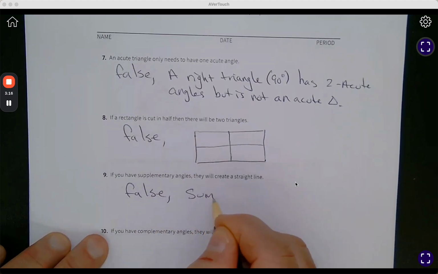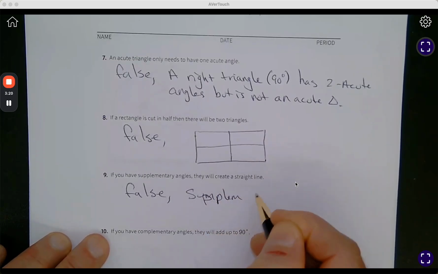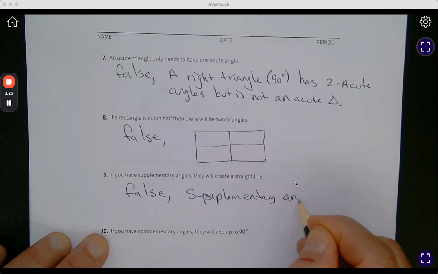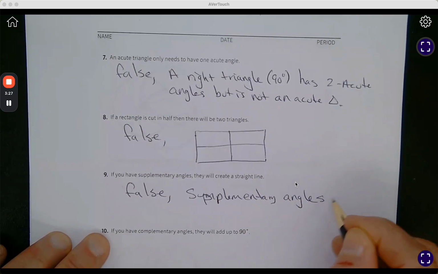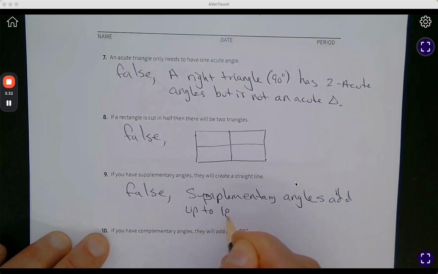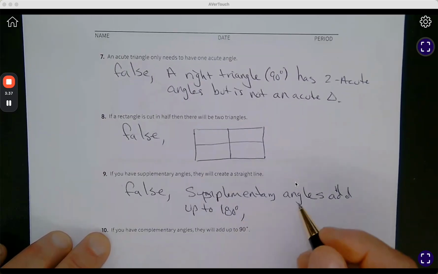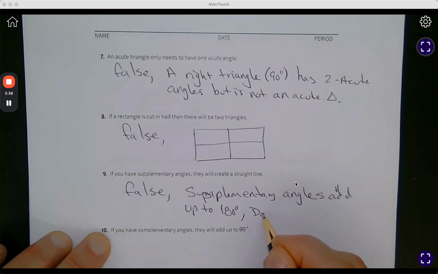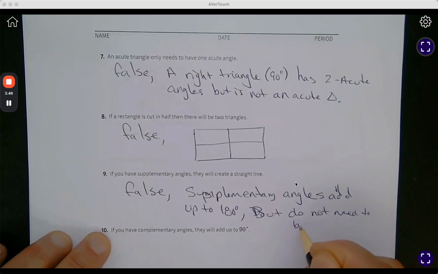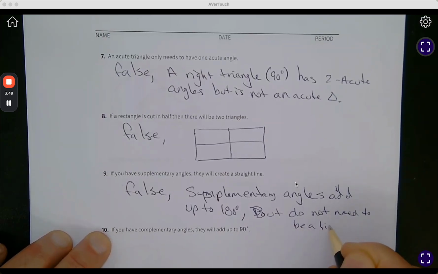Supplementary angles do add up to 180 degrees, but do not need to be a linear pair.